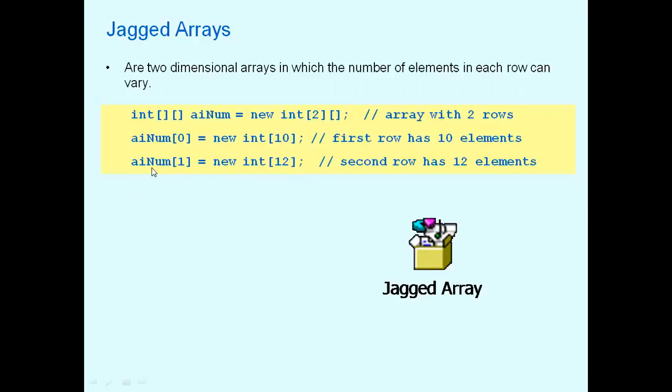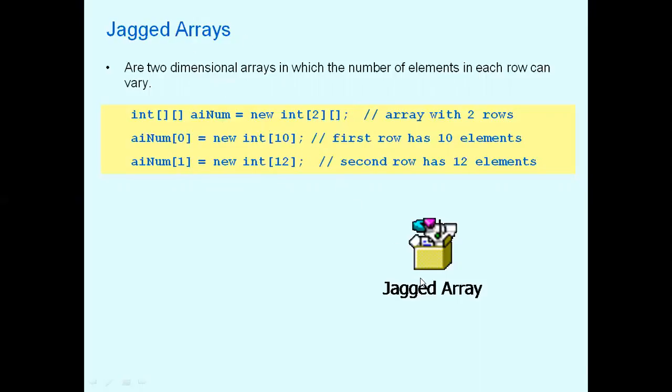I want 10 values, I want 12 values. But these 10 values, for which row do you want? First row. These 12 values, which row do we want? Second row. That's why all these things will be combined in one name, array of arrays. It is an array syntax. Inside, again, an array is there. So arrays of arrays is called a jagged array.